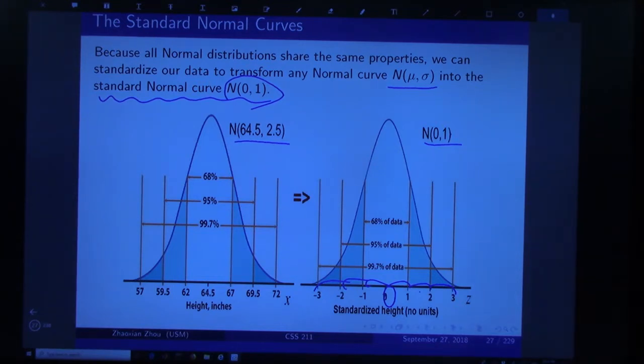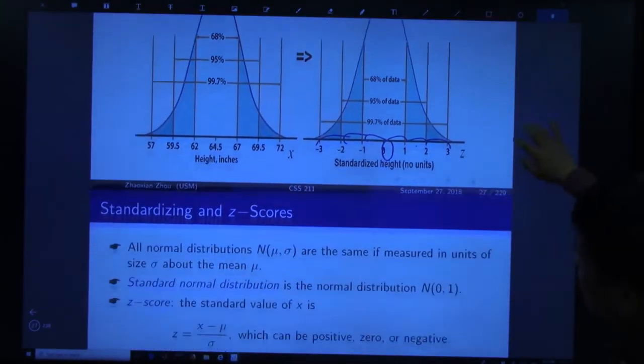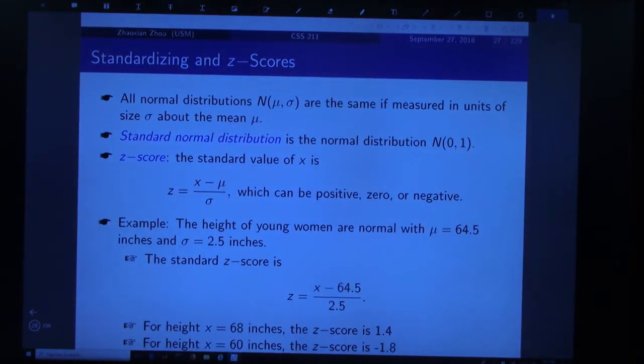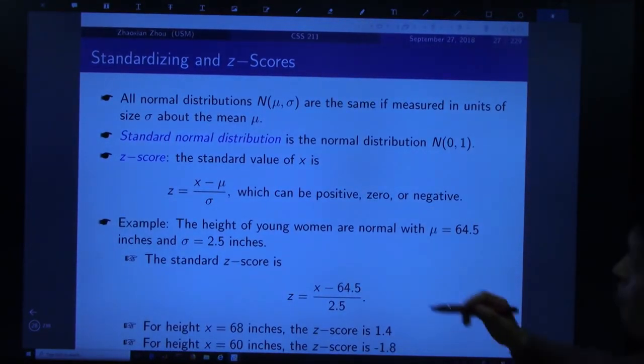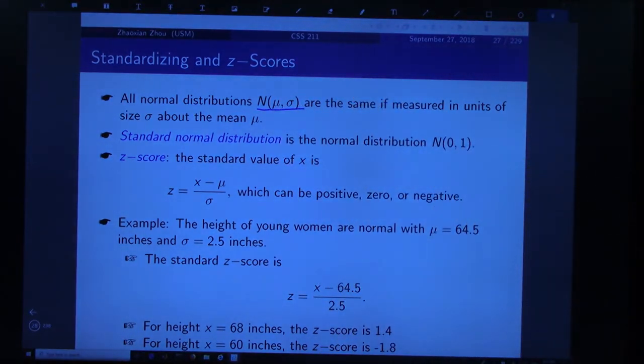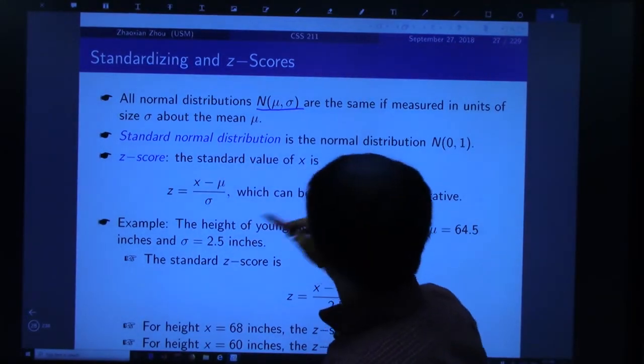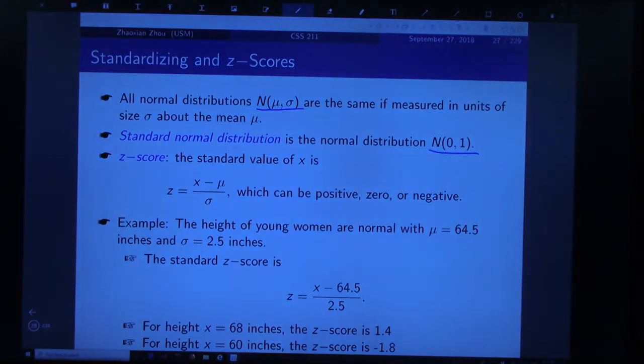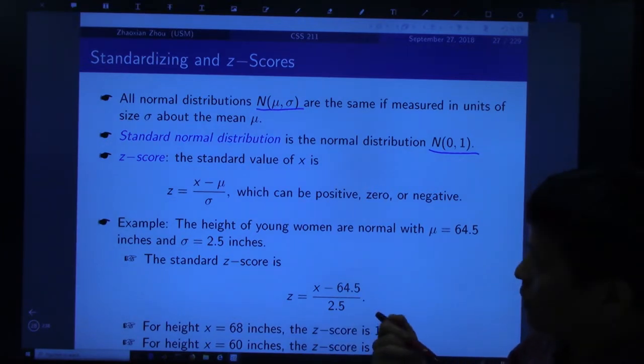To standardize a normal curve, we need a new concept. This new concept is called the z-score. If we are given an arbitrary normal distribution where the mean equals mu and the standard deviation is sigma, and we want to convert this into a standard normal distribution represented by N(0, 1), we are going to calculate the z-score first.